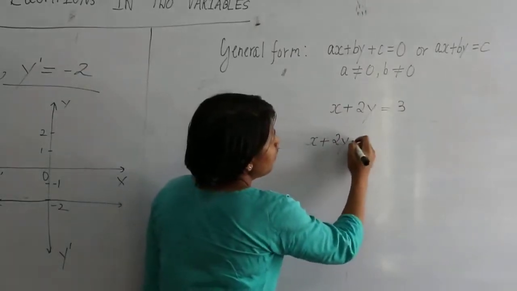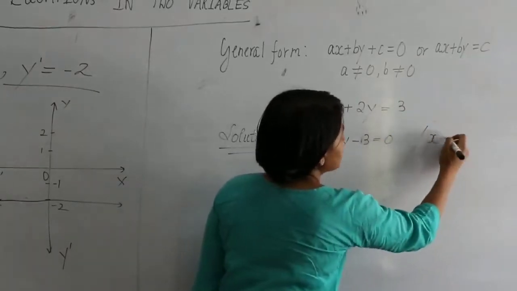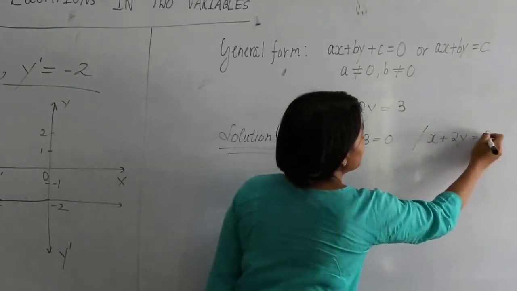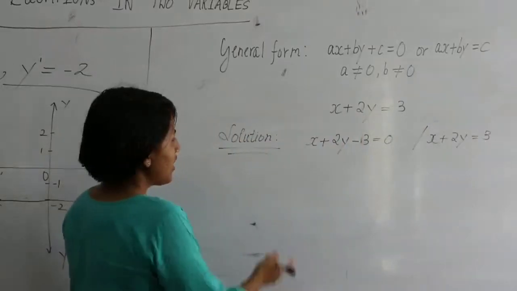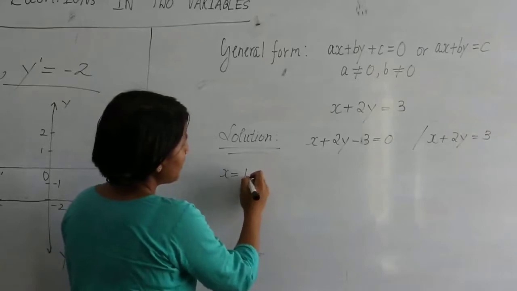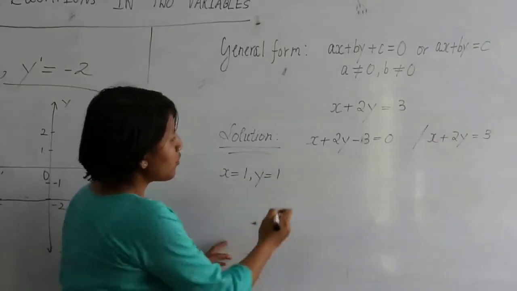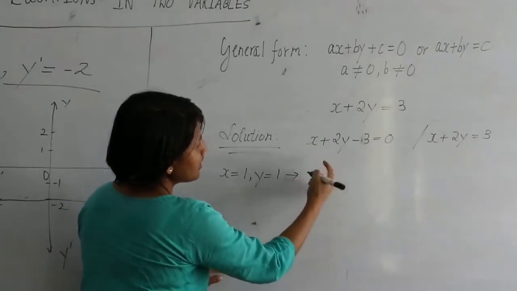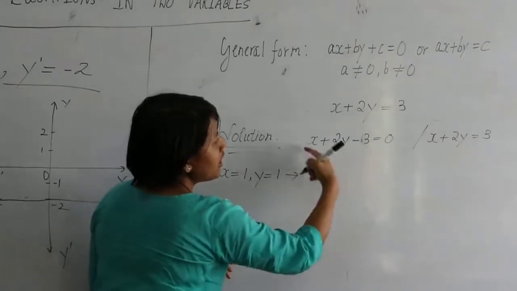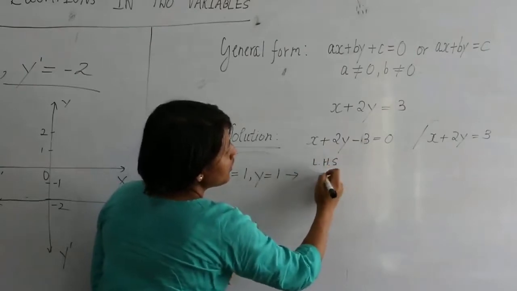Now let's shift this 3 here, so we have x plus 2y minus 3 equal to 0. When you substitute, if you take x to be 1 and y to be 1, what happens? You put the values only in the left hand side, and you leave the right hand side.